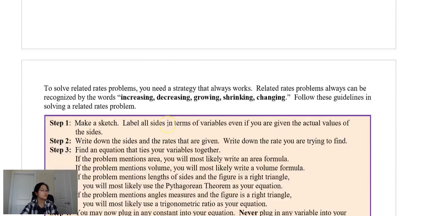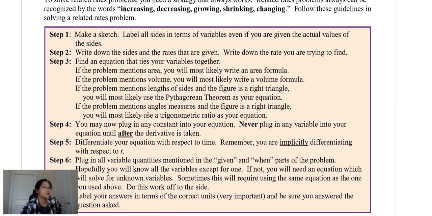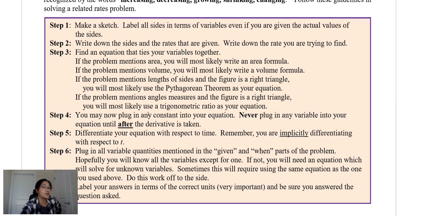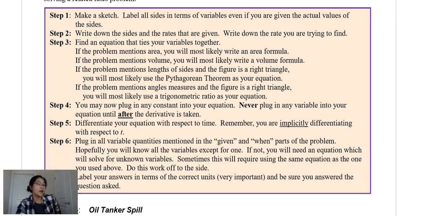Alright. So the goal is to figure out what to do. First, draw a picture. Second, label stuff. Write down what you're given and figure out what you're trying to find. And then try to tie all of the things that you have written down together.